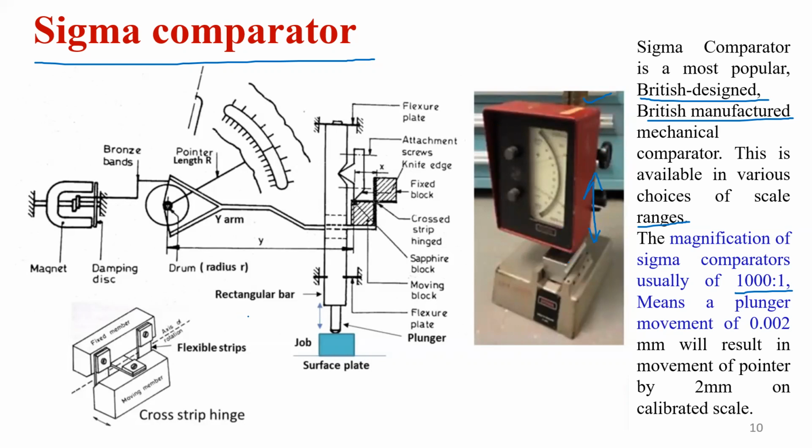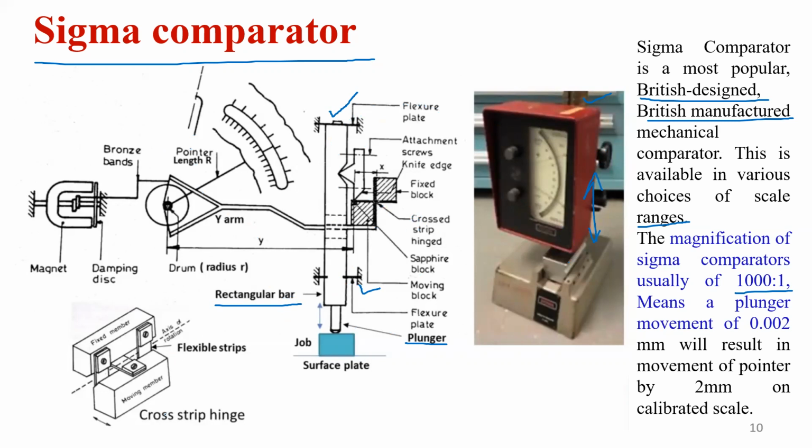This is the schematic diagram of the sigma comparator. It consists of various parts. One is the rectangular bar, and there is a plunger connected to the rectangular bar. This rectangular bar is supported by two flexure plates, one here and another one here. And there is a cross strip hinge.